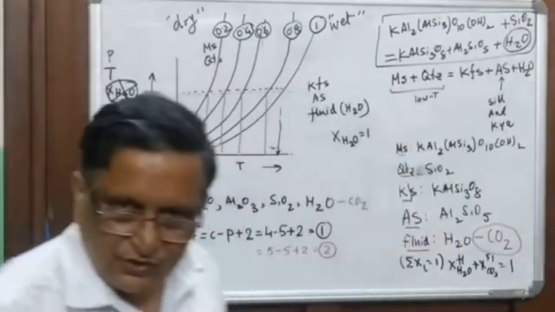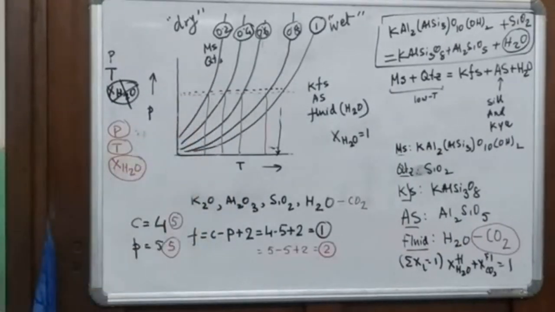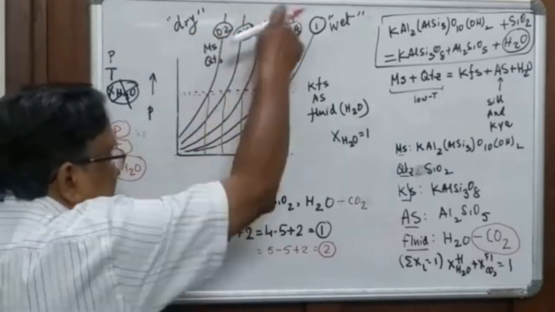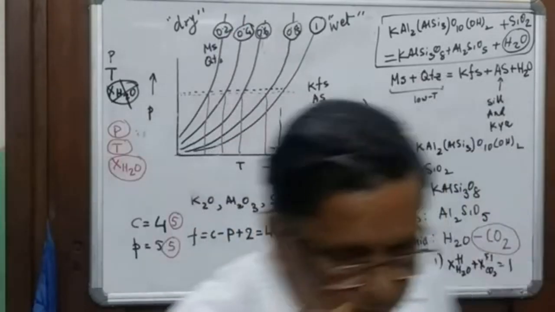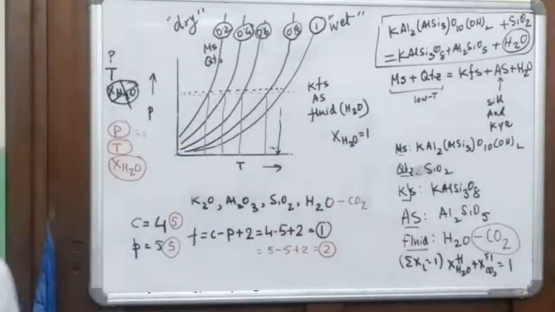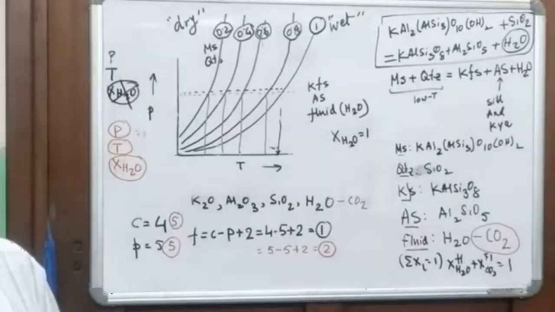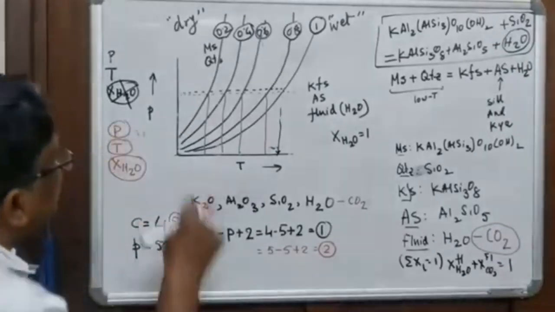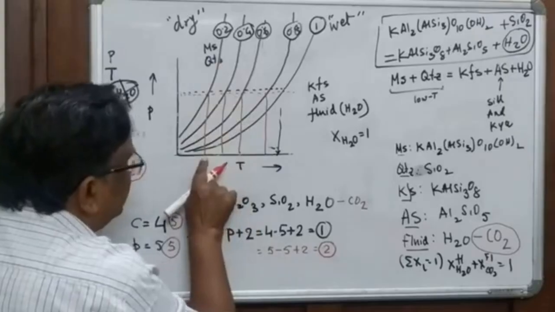Have you understood? So you have to know which curve represents your equilibrium. That means you should know the XH2O value of your system. Right? That means if XH2O is equal to 0.2, then this is the temperature.